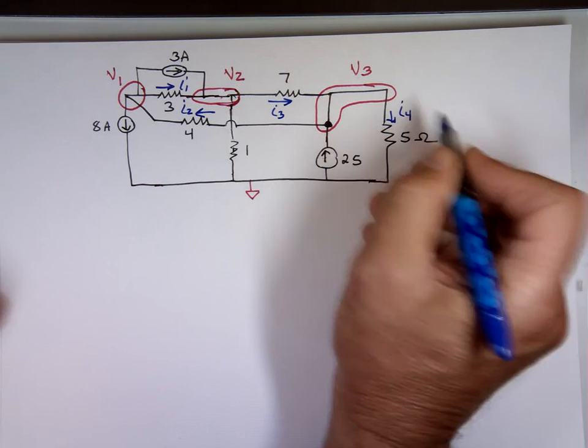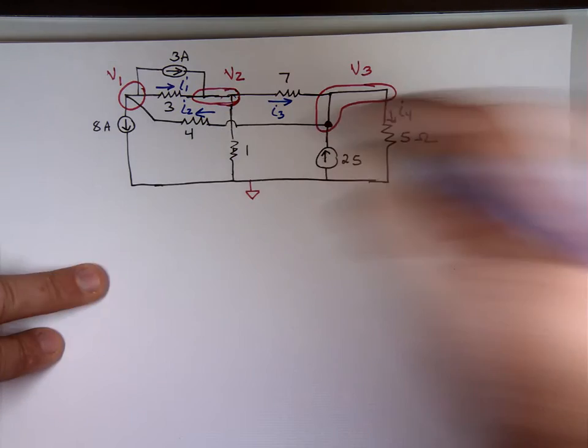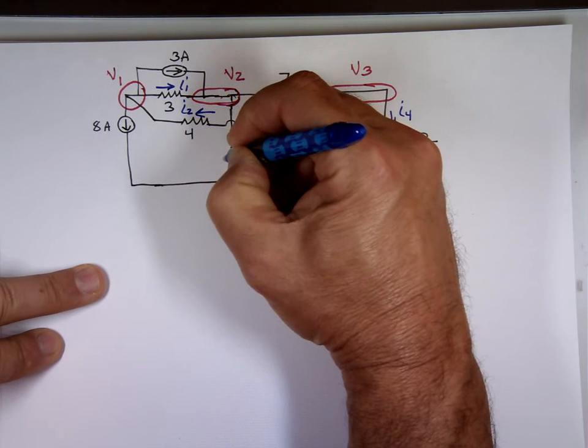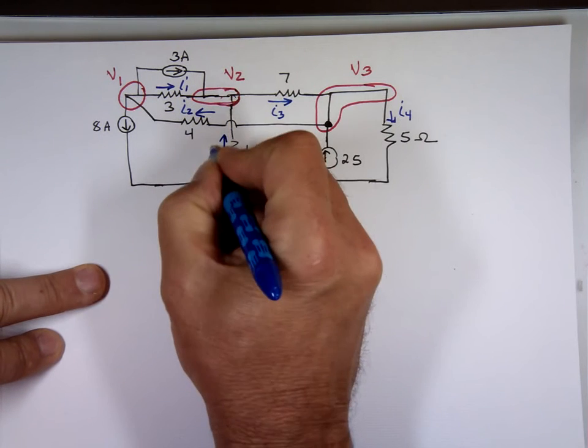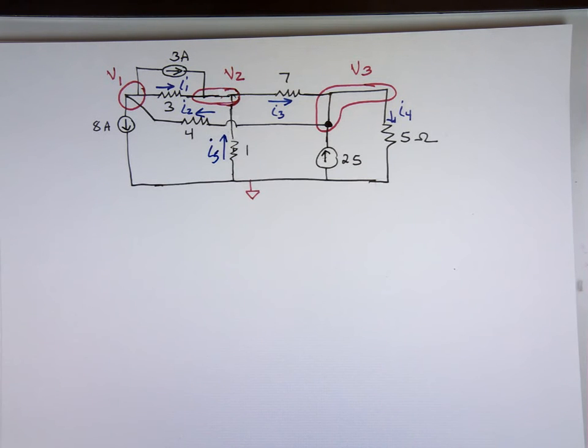I'm assigning current through each resistor. Oh, I forgot the 1 ohm, right? So we'll call this I sub 5. One, two, three, 4, and 5. Looks like an S, but that's a 5.